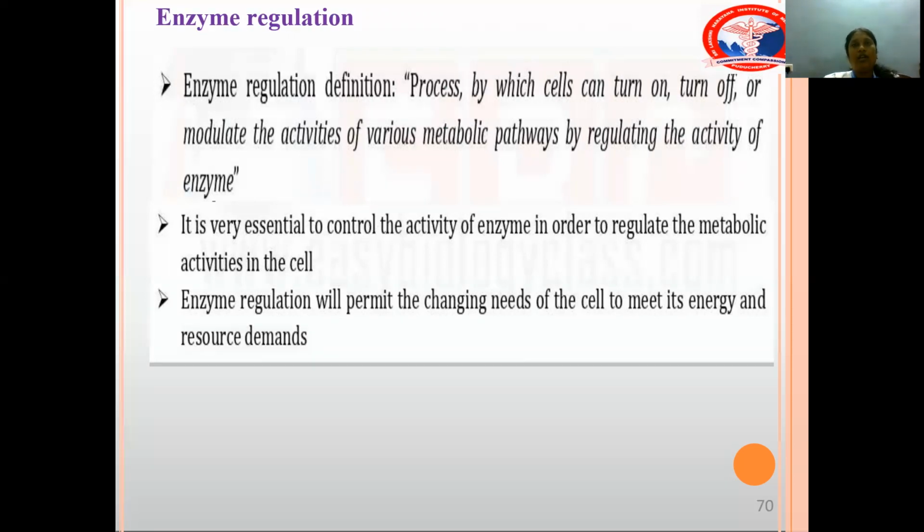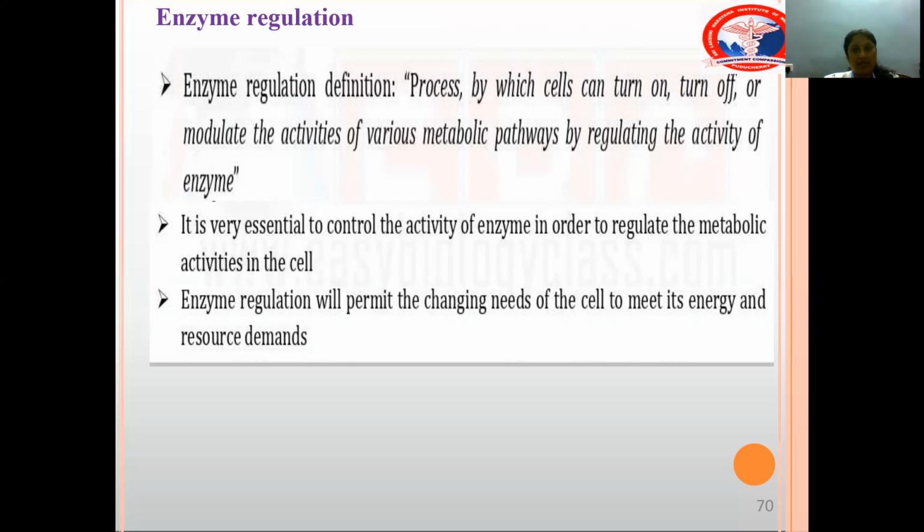Whenever energy is required in a cell, we want glycolysis to happen. Whenever there is adequate energy in a cell, we don't want glycolysis, rather we want glycogen synthesis. That is, the glucose which is available will be stored as glycogen for future use. So this is brought about by enzyme regulation.